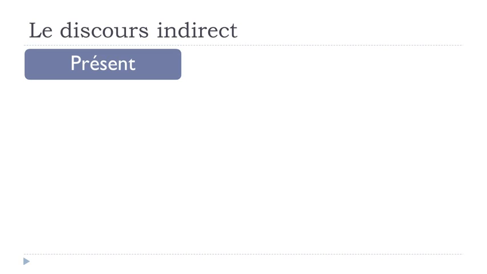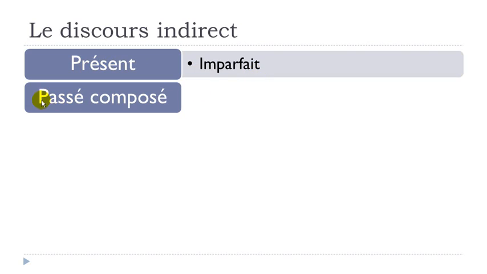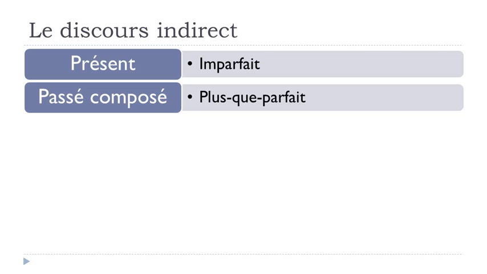So keep in mind that if you've got this structure, first verb at the passé form, and then the second verb at the present form, okay? So when you will modify this structure and you will put this discours indirect, remember, présent, as we saw, will become imparfait, okay? Then if you've got passé composé, still in the second part of the structure, it will become plus que parfait, okay?